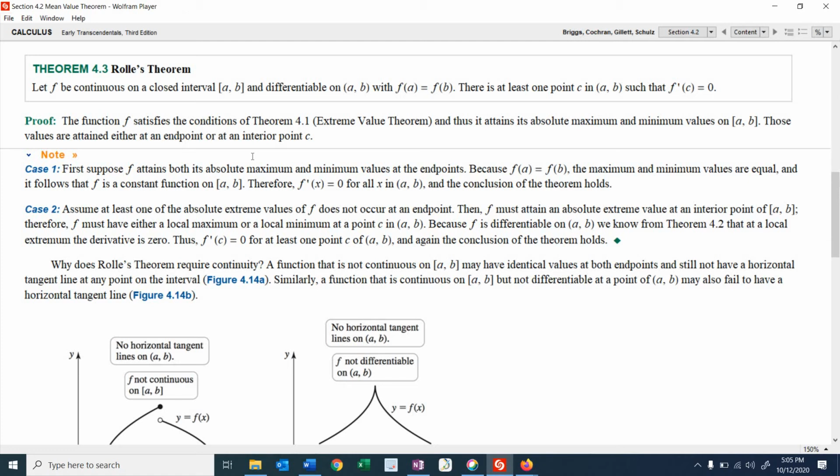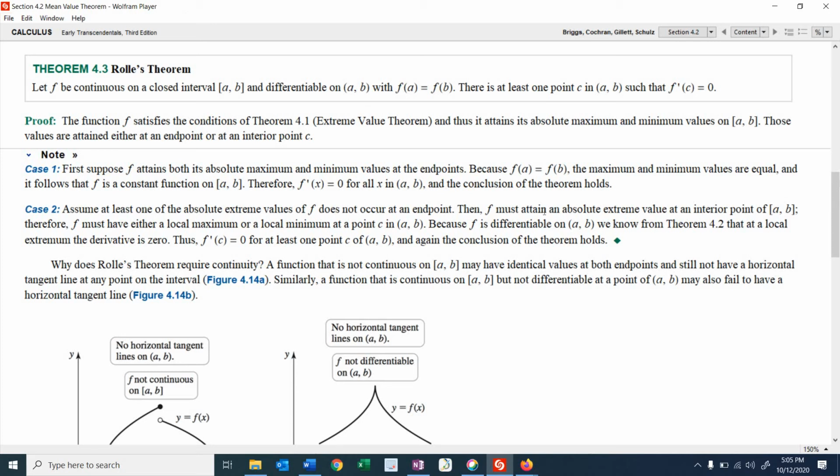Now remember, there was a theorem that said if f has a local minimum or a local maximum at some point C, then the derivative at C is either 0 or the derivative at C does not exist. But we can eliminate the case that the derivative at C does not exist, because one of the conditions here is that f is differentiable on the open interval from a to b, so that couldn't be the case.